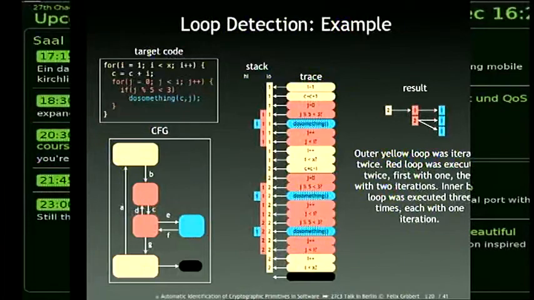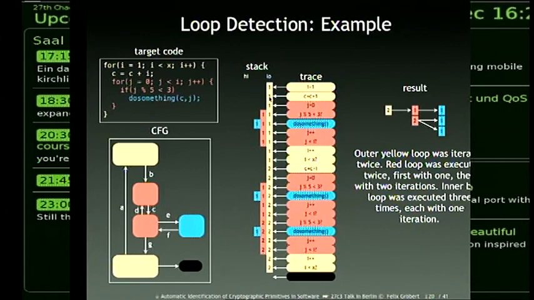So here's an example of the loop detection algorithm. On the top left, you see the target code, which should be detected. The loop detection works by using a loop stack. If an instruction has been executed multiple times, the iteration is incremented on the loop stack, which you see right here.